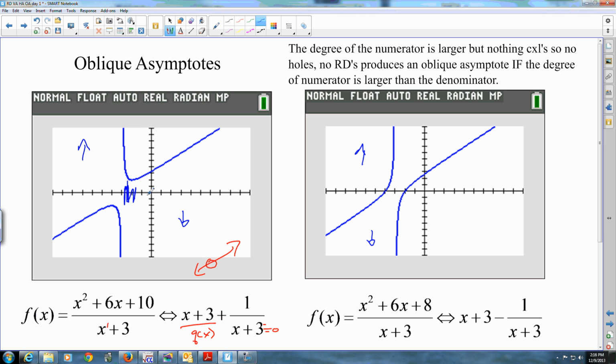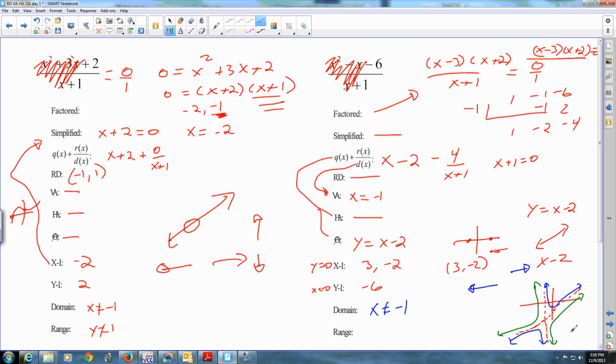How do I possibly figure out what that is? Well, see, that's one of the problems that's created when we have oblique asymptotes. So, to make it easy on you guys, whenever you have an oblique asymptote, we're going to take the easy way out and just not talk about the range. If that's bothering you too much, if that's not very mathematical for you, I understand. I'm just trying to cut my losses.